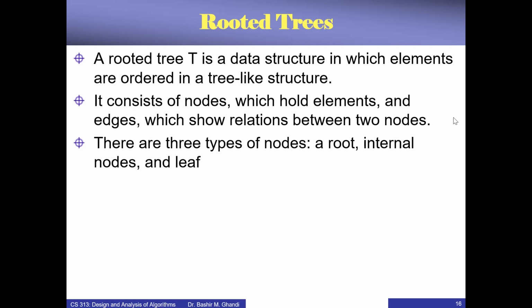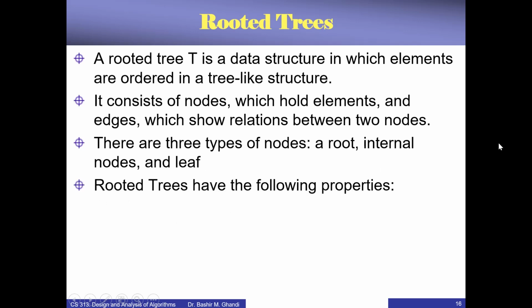There are three types of nodes in a rooted tree. A node could be a root, it could be an internal node, or it could be a leaf node. Alright, so all this is nothing new to us. It's more like a reminder.